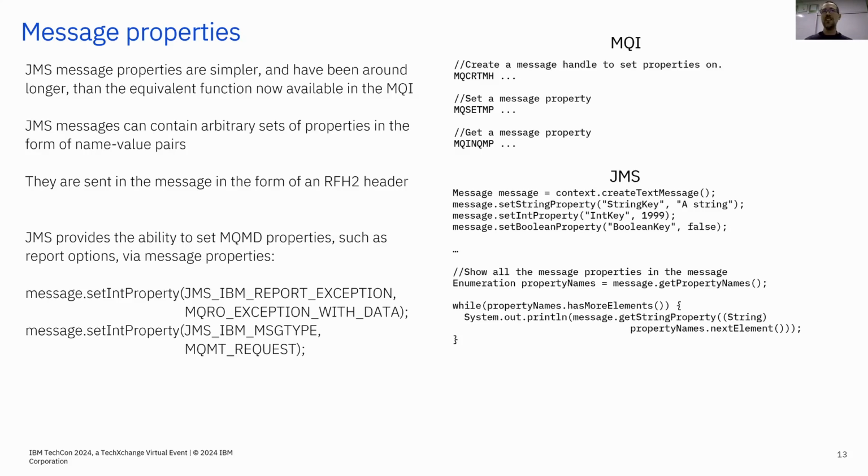You can do something like message.setIntProperty JMS_IBM_Report_Option, and that allows you to, in this example, set the MQMD report field. So if you want to use MQI specific attributes from JMS, you can via message properties, but obviously you're starting to break the abstraction layer a little bit. But this is a standard way of doing it with JMS. Just bear in mind it's not as portable, but hey, we'd hope you wouldn't move away from MQ anyway.